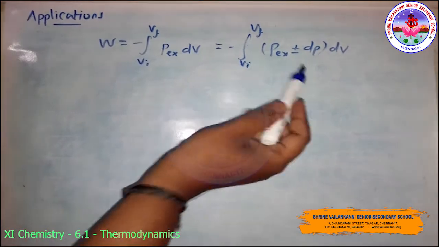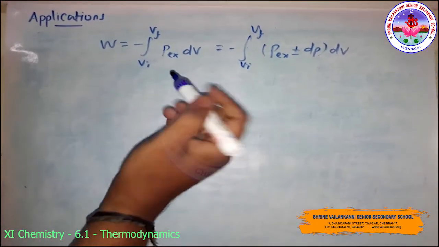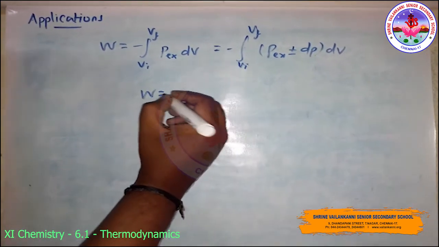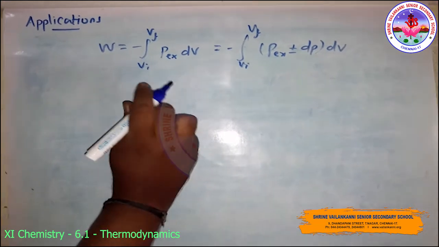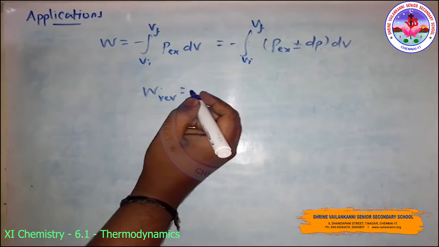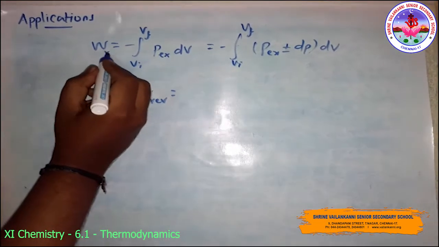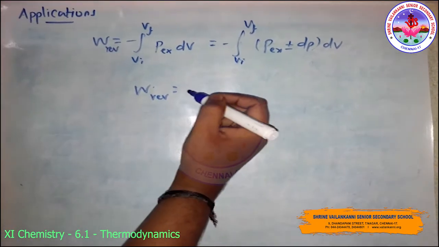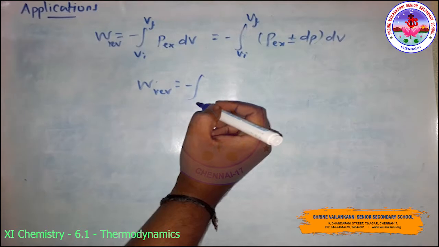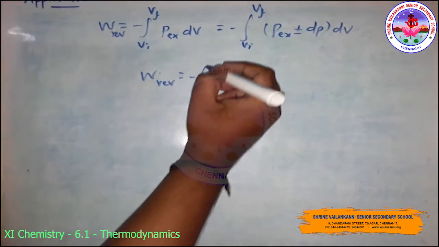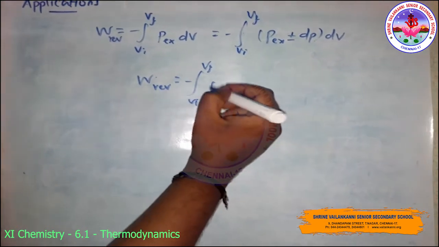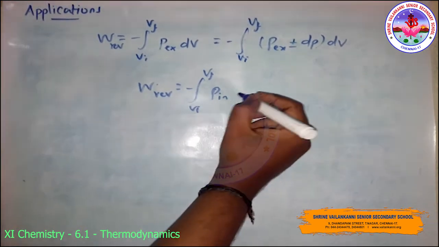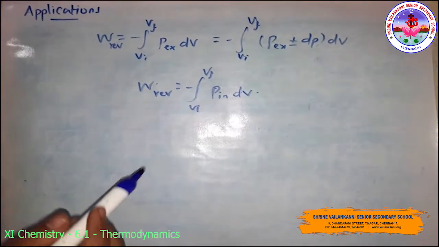Since dP into dV is very small, we can write W reversible is equal to negative integral from Vi to Vf of P internal dV.